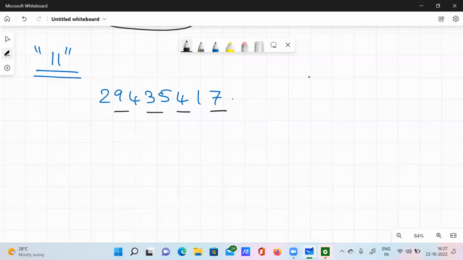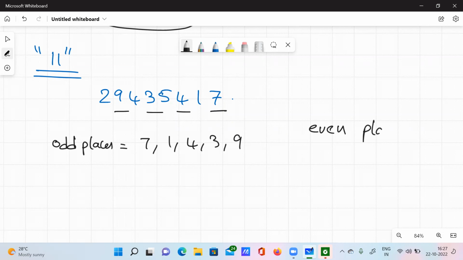So odd places equal 7, 4, 3, 9. Okay, so what are the even places here? Even places are 1, 5, and 4, 2.